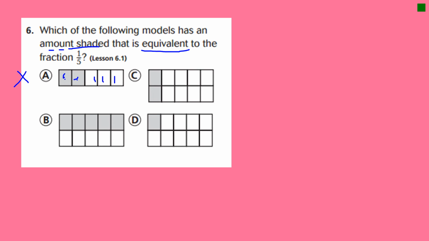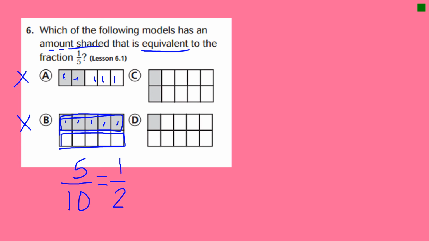So that's not going to work, is it? All right, B, how much is shaded, guys? If you kept that part of the candy bar and I got that part of the candy bar, we would each have half, wouldn't we? 1, 2, 3, 4, 5. Or 5 out of 10 equal parts. So that's 5/10, which is equivalent to half, which is what you can just see by looking at it, right? So you're not right, B.